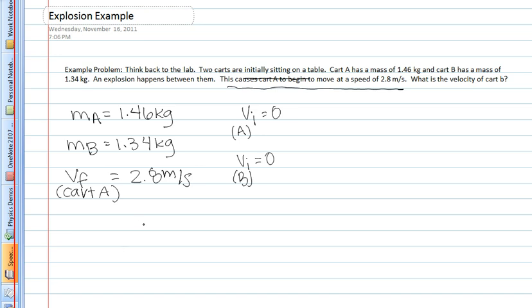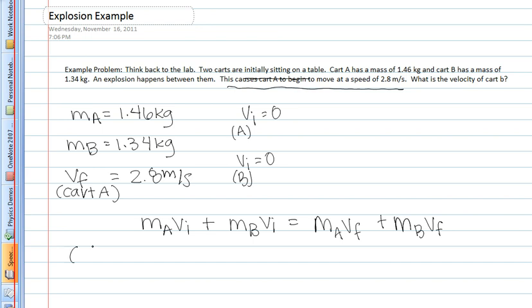Therefore, we can write out the following. The momentum of A initially plus the momentum of B initially equals the momentum of A final plus the momentum of B final. So let's plug in what we know.